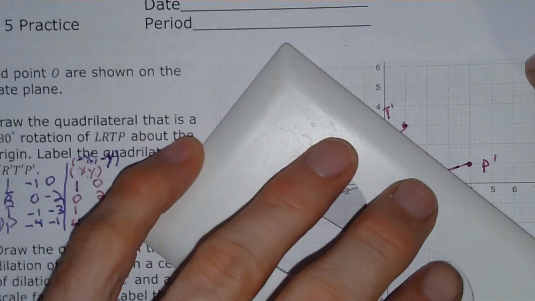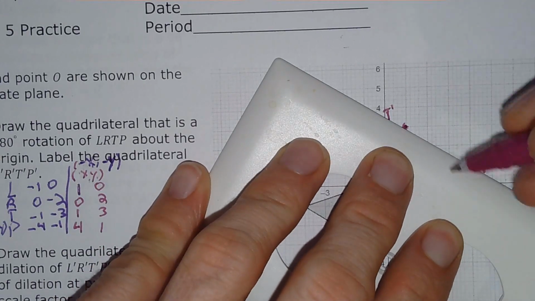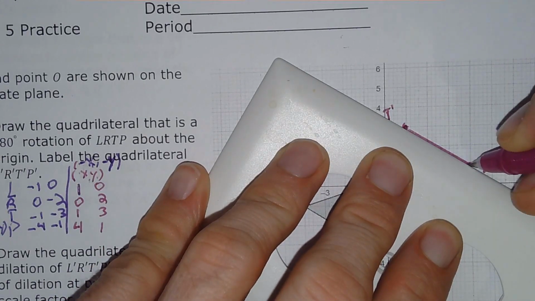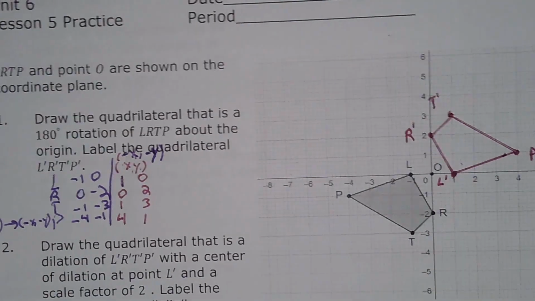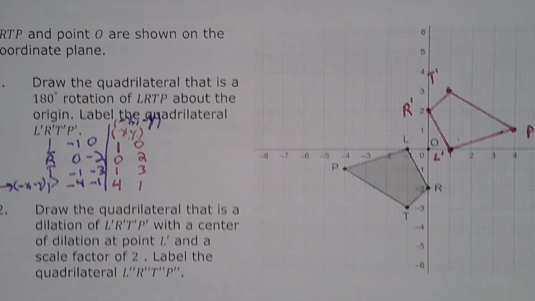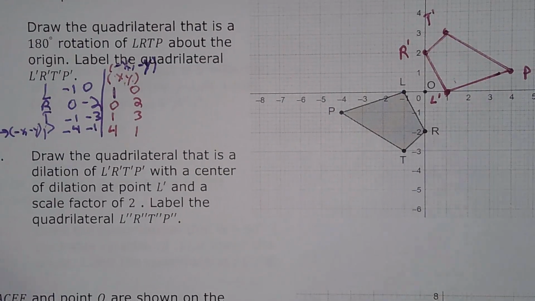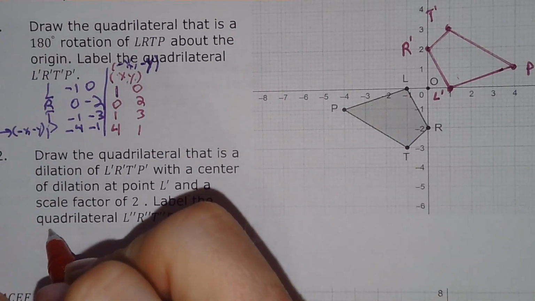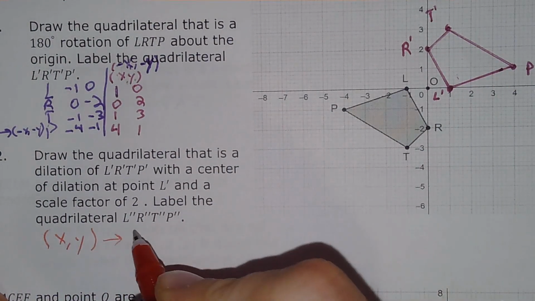And there I have my new quadrilateral from this first transformation. Okay, then the next thing that's going to happen is my quadrilateral, after I apply a dilation of 2 to it.